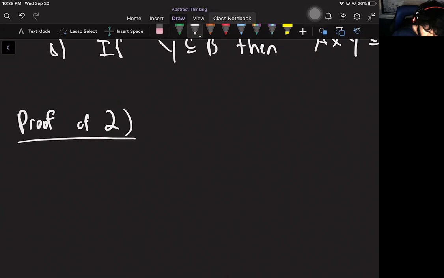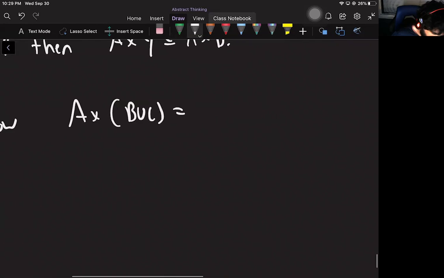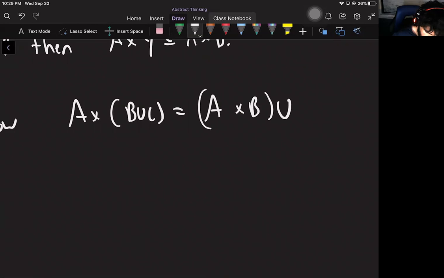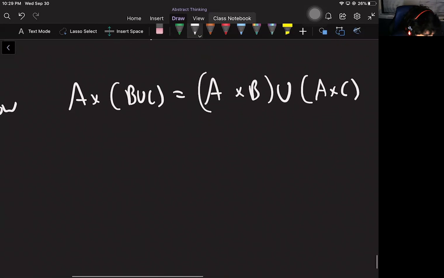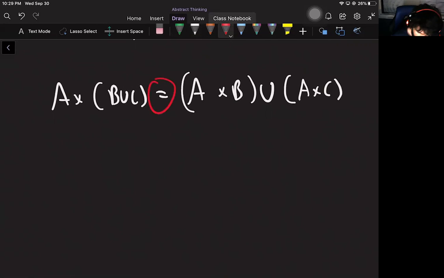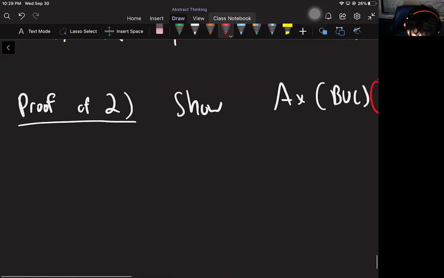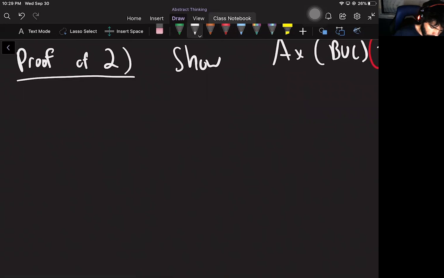Okay, so 2 is we want to show that A cross B union C equals A cross B union A cross C. So we're doing the distributive property, products over unions. Because we're trying to show 2 sets are equal, we're going to do our usual trick of showing that they are subsets of each other by letting an element be in 1.